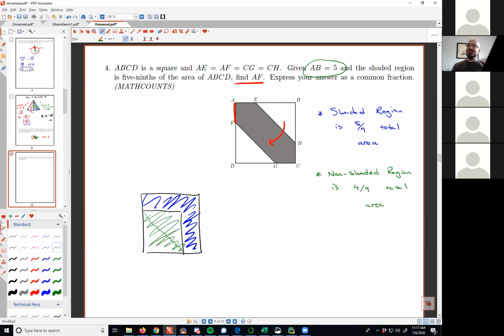How does that help us? Well, 9 is 3 squared and 4 is 2 squared. So I have a feeling that they have something to do with it.